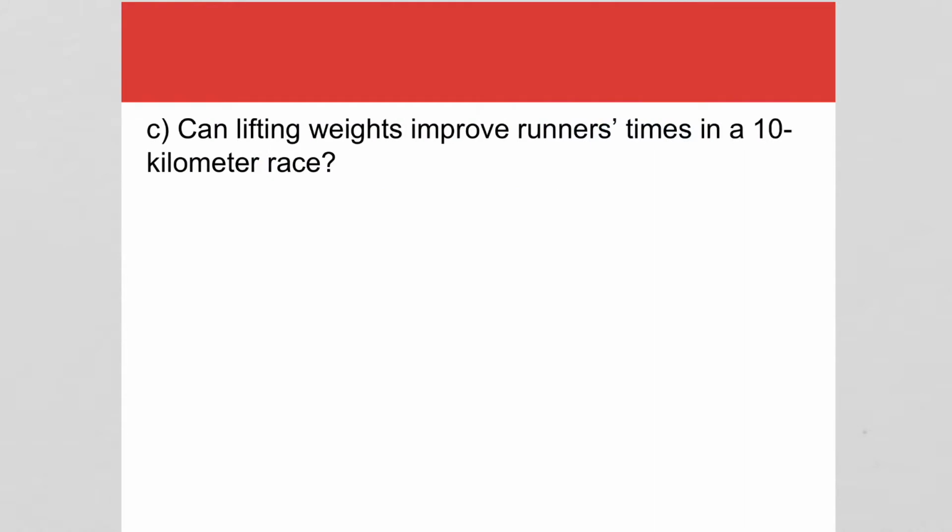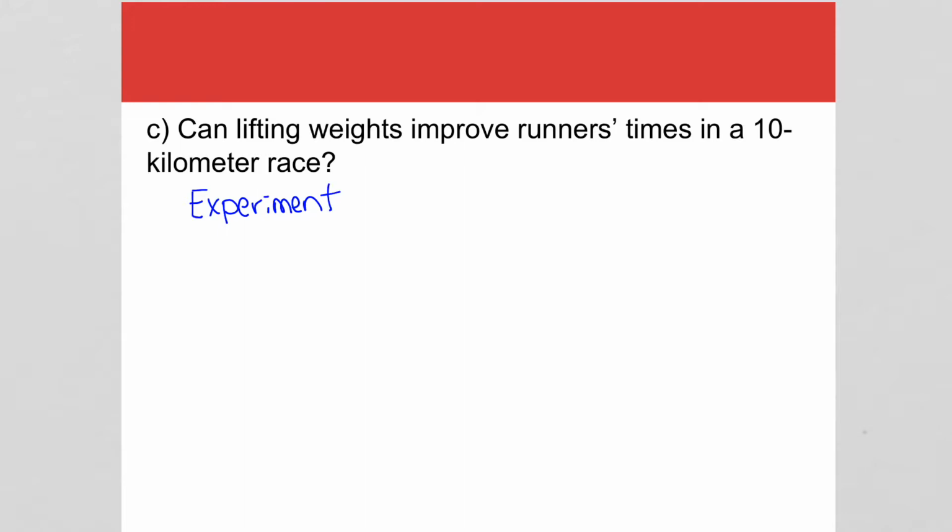Can lifting weights improve runners' time in a 10-kilometer race? Well, this could be either, but you could do it as an experiment. You can have one set of people lift weights, one set of people not, and have them run. Obviously, it's not going to be blind to anybody.